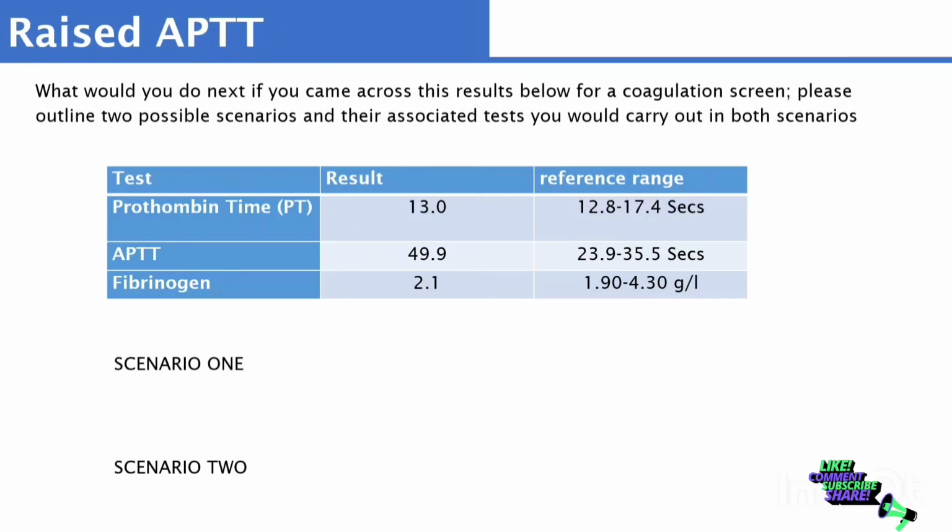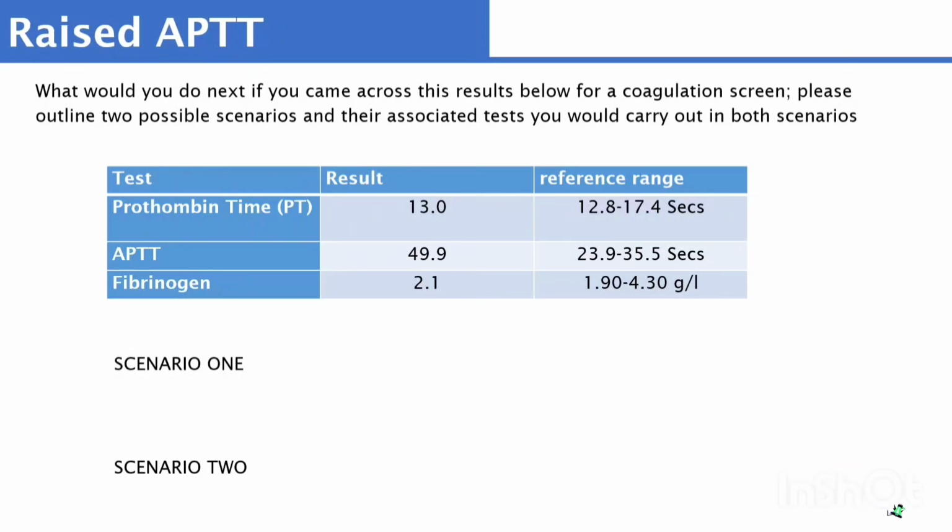Quickly, what you are likely to do is anti-factor 10A. That is what you need to investigate. Once in the lab you have a raised APTT, if the person is on an anticoagulant like heparin, once you do the anti-factor 10A, it is going to be high.